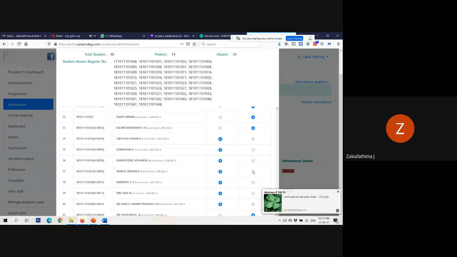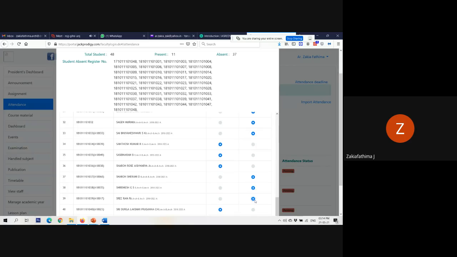Sharon Sherani? Present or absent? Absent. Rishes? Absent. Sriram? Absent. Durga Lakshmi present.